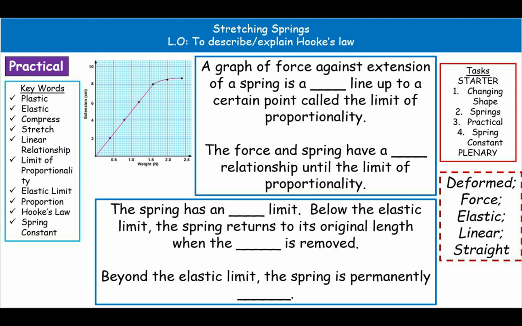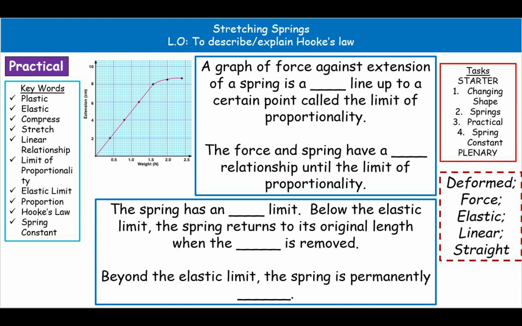It stays stretched out. And every time we do this in school, there's always someone who doesn't listen to the instructions and adds way more masses on there than they should. And then we get this overstretched spring coming back that is now useless. So you won't be able to do that, but it does obviously explain what's happening to our springs.